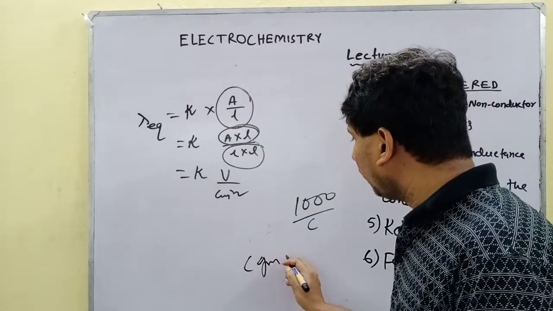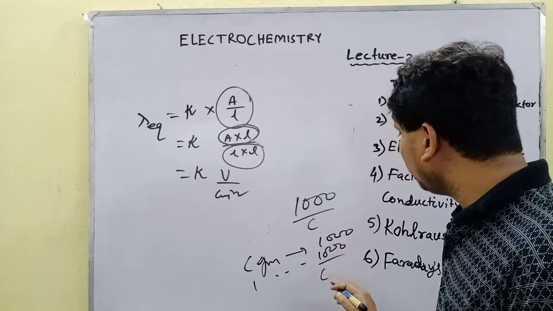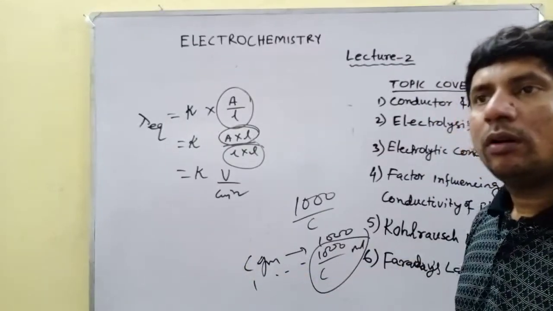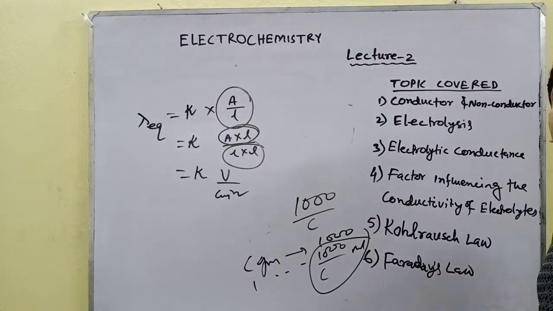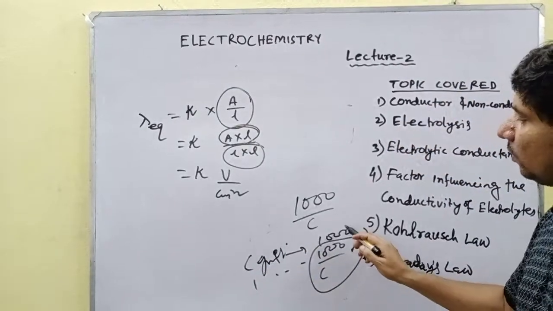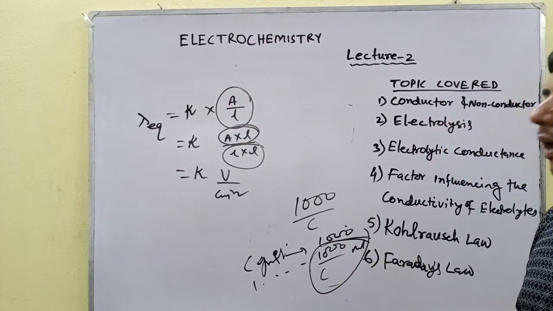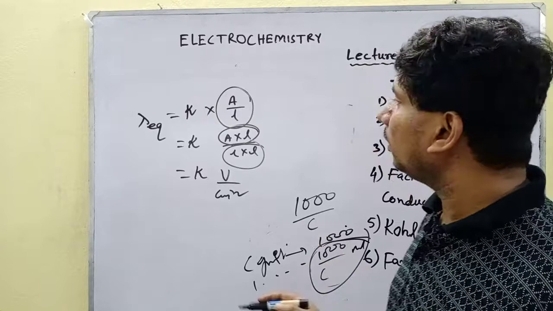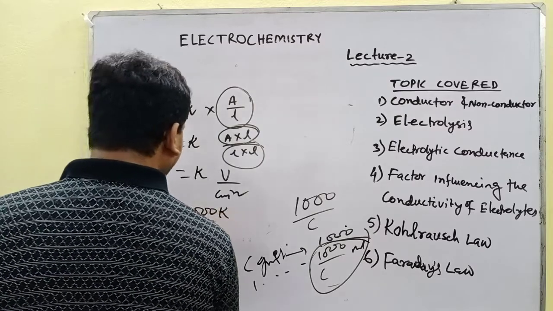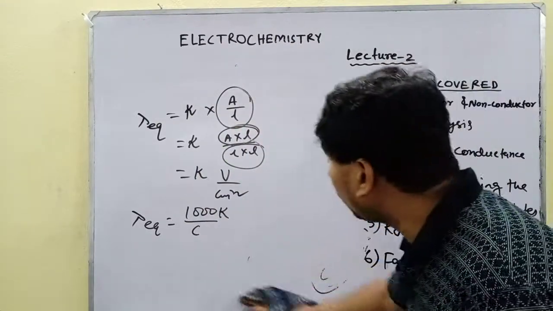If C gram equivalent of electrolyte remains in 1000 ml solution, then 1 gram equivalent remains in 1000 divided by C ml solution. So this is the volume. We know that if we consider an N normal or C normal solution, then V is 1000 by C. So lambda equivalent equals 1000 kappa by C.